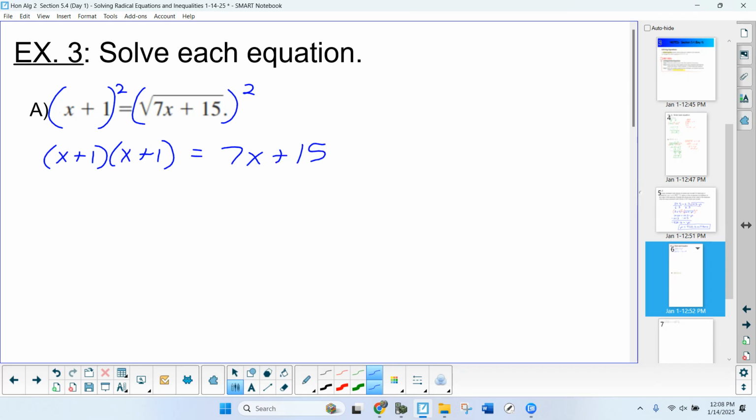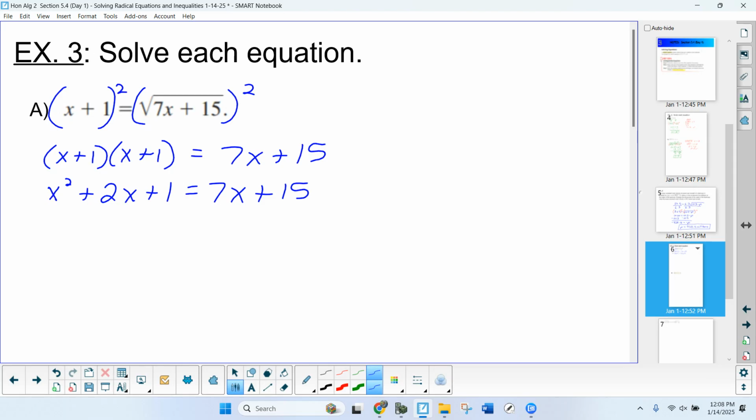So help me FOIL. When you FOIL, Caden, what do you get? X squared plus 1x plus 1x is 2x, and then plus 1. Now, her equation is now quadratic instead of linear. So we're going to bring everything over to one side.